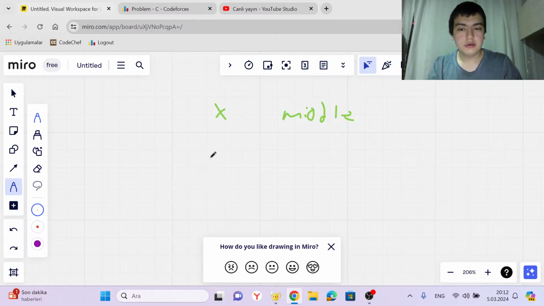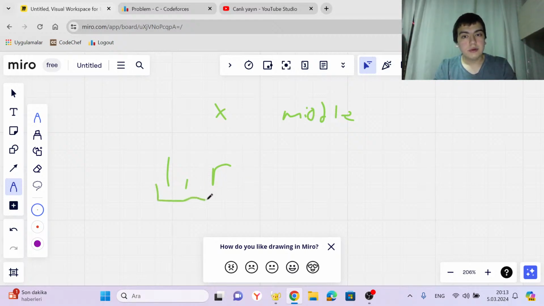First, I will choose a starting point from 1 to n, let's say L. I will choose a starting point and I will try all ending points, all R values, so that I will choose exactly x elements from L to R. The number of the chosen elements will be x.